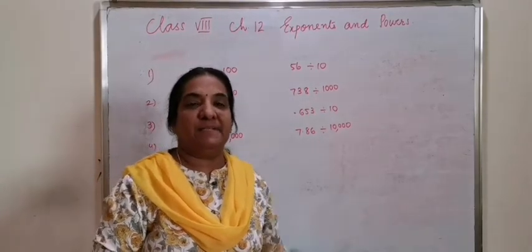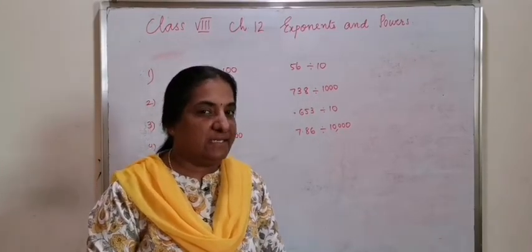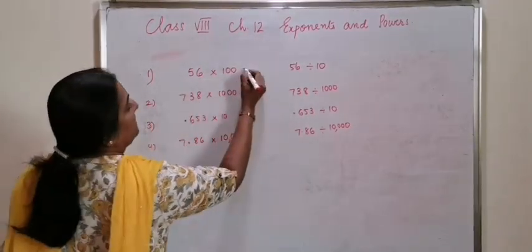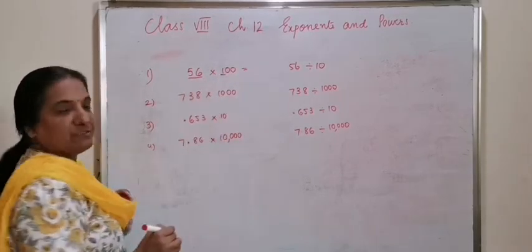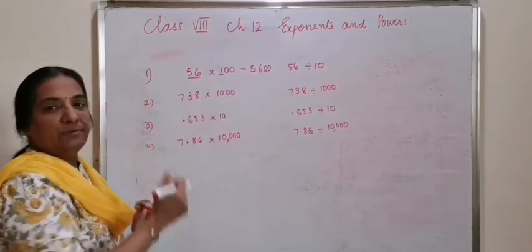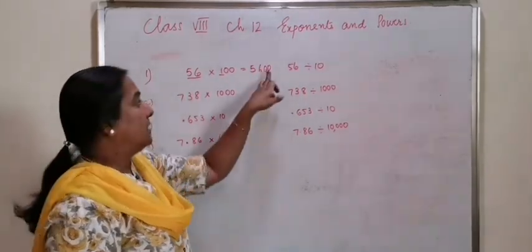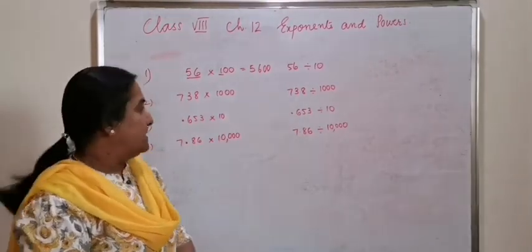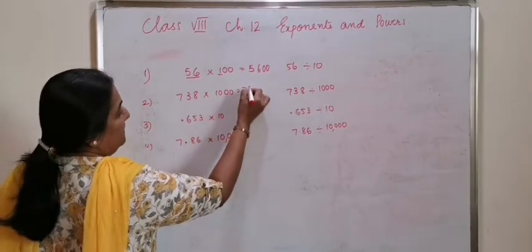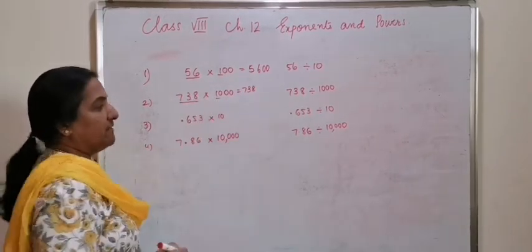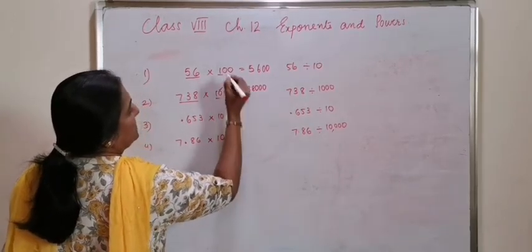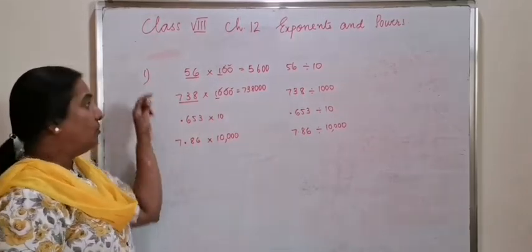Let's take the same examples and see how we were doing it in an easy method. 56 into 100 is the same as, you will multiply 56 and 1 as 56 and 2 zeros to the right, or you will include them as the ones place and the tens place. Similarly, if it is 738 into 1000, 738 into 1 is 738. Towards the right, 1, 2, 3 zeros. This is how you were multiplying with whole numbers.